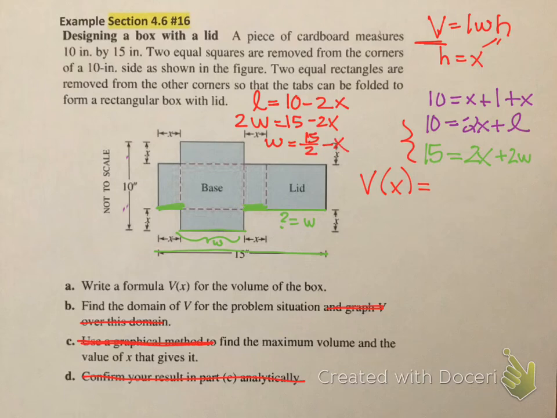So if the volume is length times width times height, that would be 10 minus 2x times 15 halves minus x, that's my width, times x for my height.